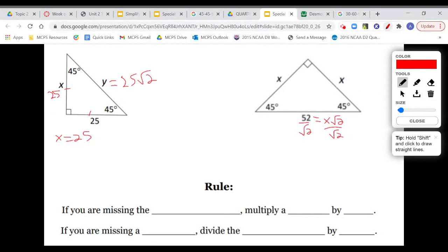Okay? And that'll cancel. Anything divided by itself is 1. And it'll leave me with the fact that x is equal to 52 over the square root of 2. And since the length of each leg is x, this leg is 52 over root 2. And this leg also has a length of 52 over root 2.